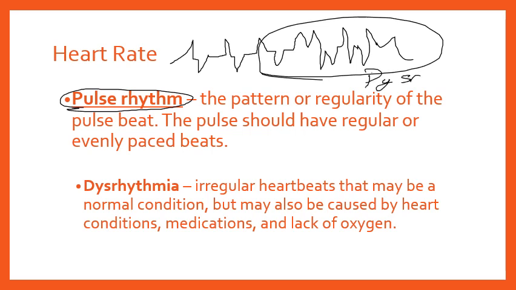Basically, it is out of rhythm. Dys means not. Rhythm refers to rhythm, basically the timing. And so it is not in time. And if you have dysrhythmias, it can actually affect how blood is circulating through your body. So that can affect a lot of things about your body.